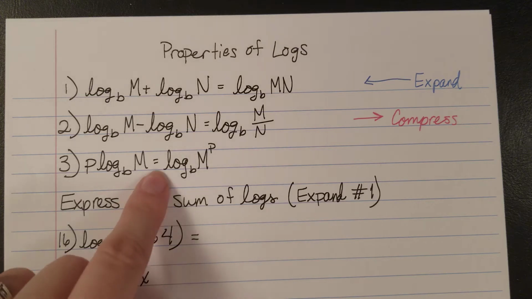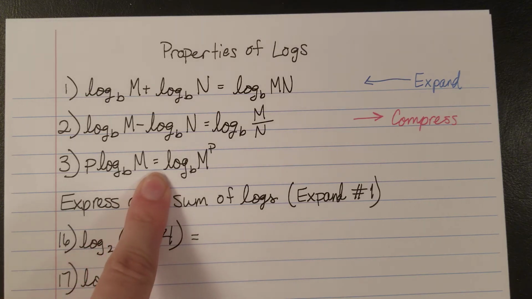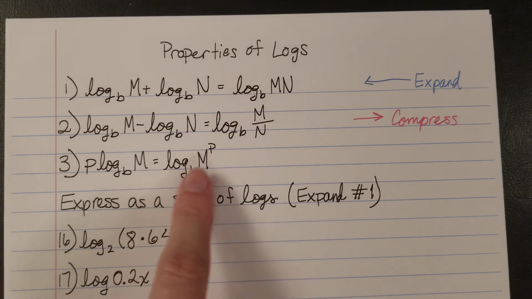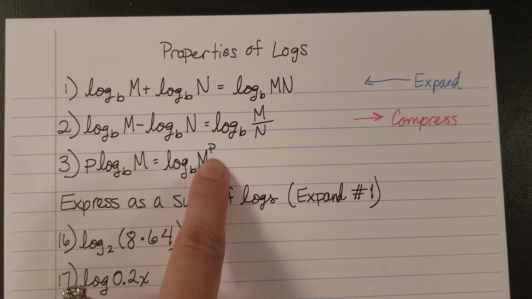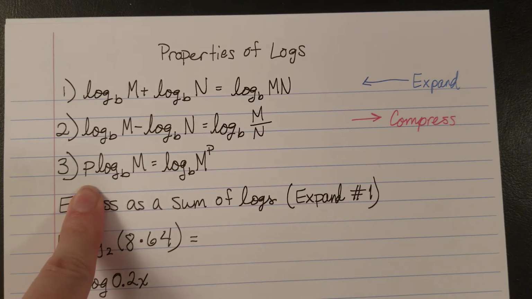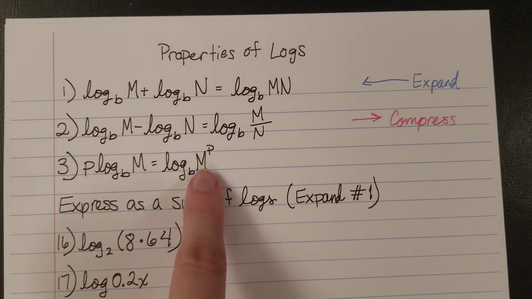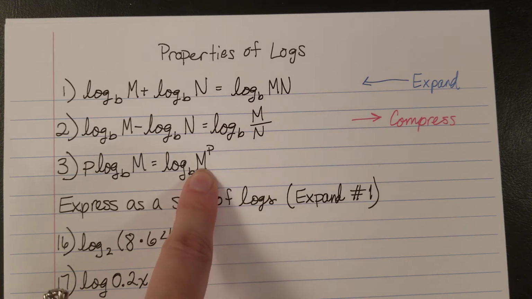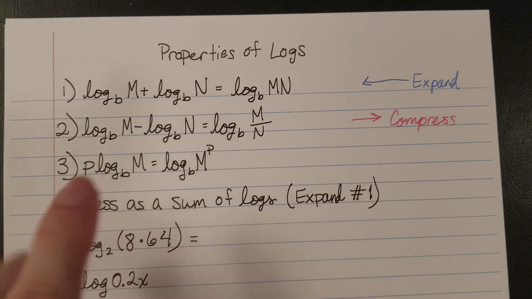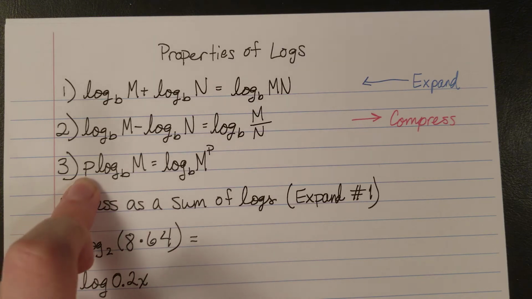And then this rule here kind of is like a corollary, which means it follows logically from rule number 1, that if you have an exponent here, you can also turn that into a coefficient over here, or vice versa. Because basically what this is saying is you'd be multiplying a bunch of m's together, which is the same thing as adding together a bunch of logs.